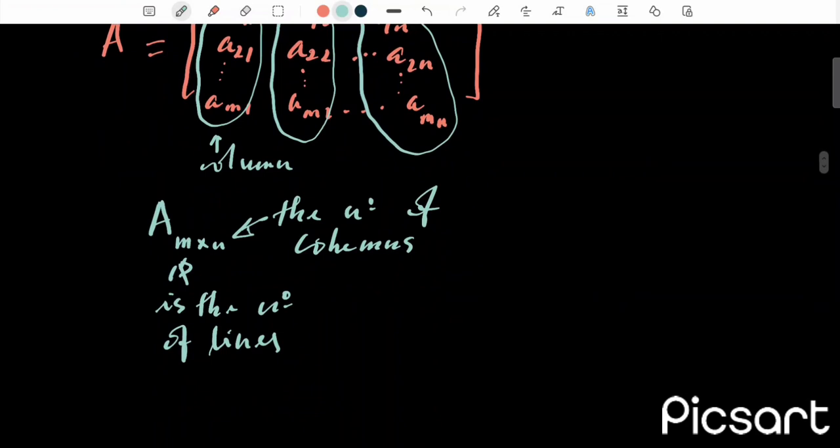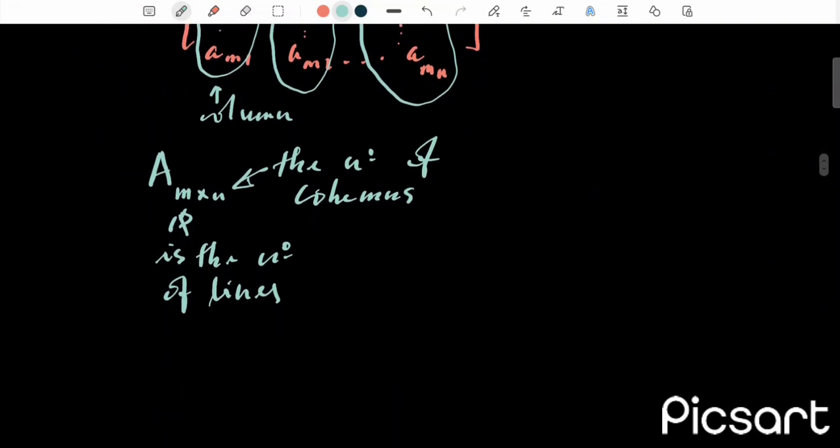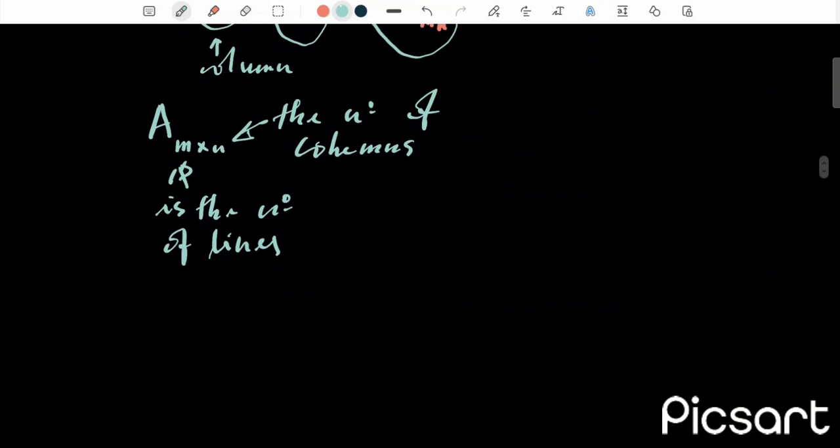And we know that we can take the product of two matrices.